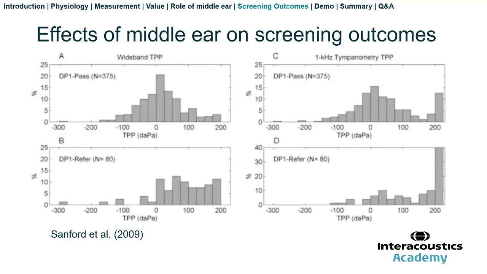For the 1 kilohertz method, there was a mean of 41 decapascals for the pass group and a mean of 124 for the refer group. So this is suggesting that this has a direct implication on the number of passes that you get in a screening protocol.